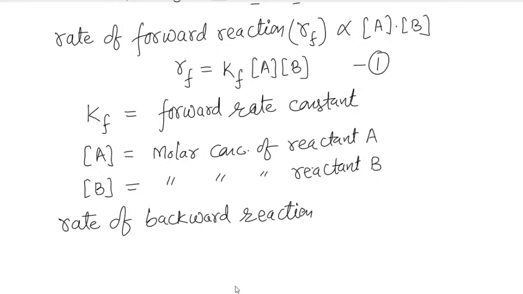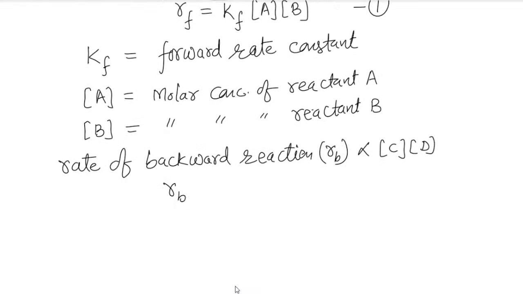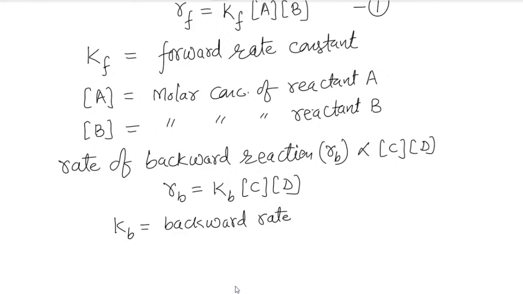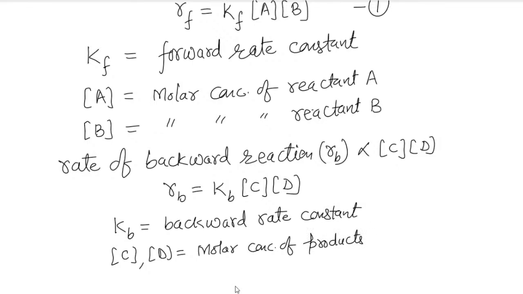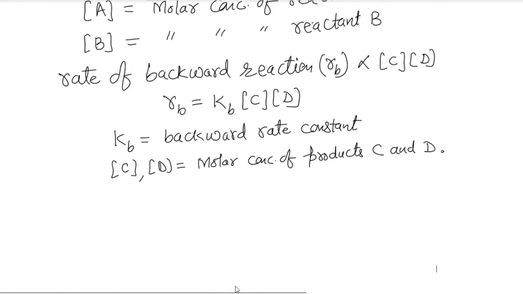So the rate of backward reaction, R_b, is proportional to the concentration of C and the concentration of D. So R_b is equal to Kb, the backward rate constant, times concentration of C and concentration of D. Kb is the constant of proportionality for the backward reaction, called the backward rate constant, and C and D are the molar concentrations of products C and D.